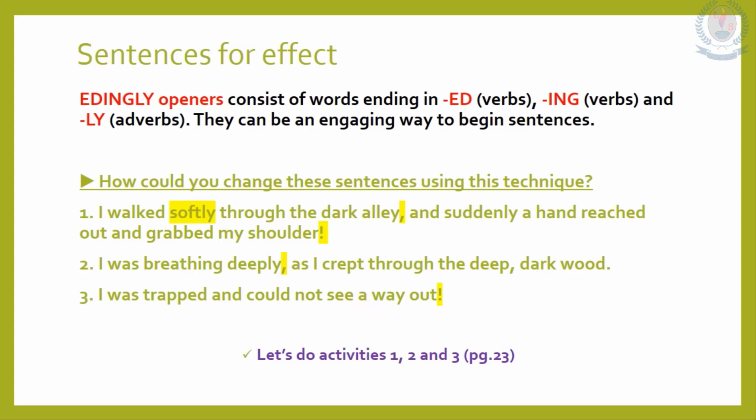The teacher put, I walked softly through the dark alley and suddenly a hand reached out and grabbed my shoulder. Can you see how a comma, an exclamation mark, and an ly adverb are giving so much more information and effect to your sentence, right?